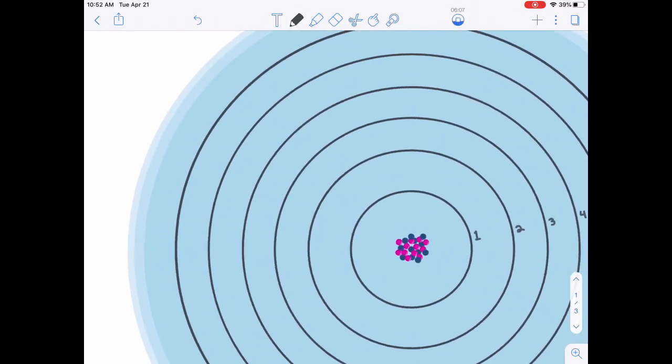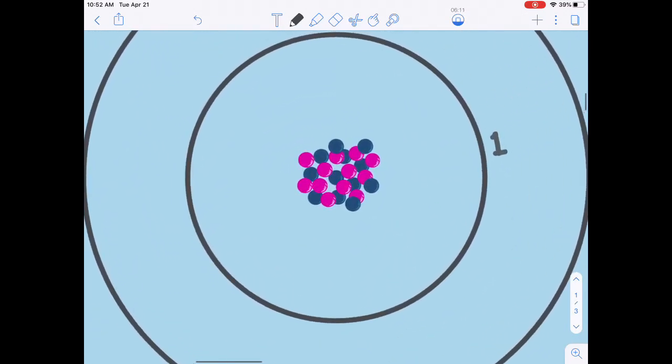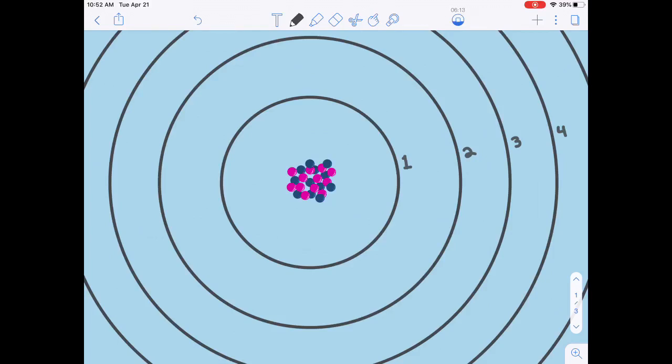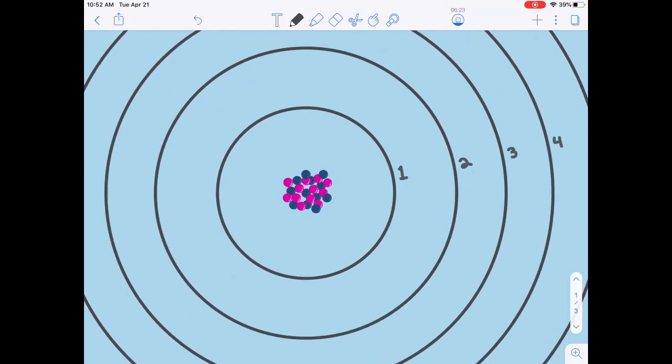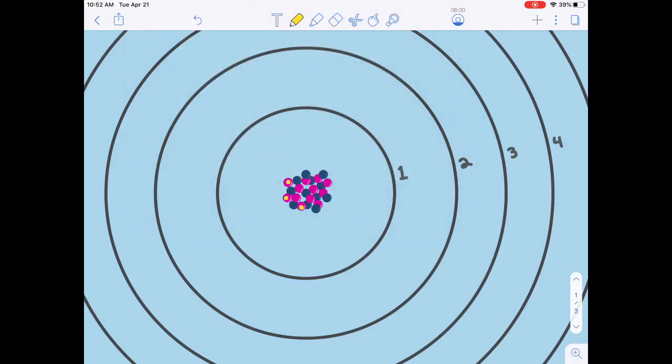The example that I have drawn right here, we're going to start with the nucleus and figure out what kind of atom we have so that we know how many electrons we need. The pink are the protons, so I'm going to count protons. 1, 2, 3, 4, 5, 6, 7, 8, 9, 10, 11, 12.